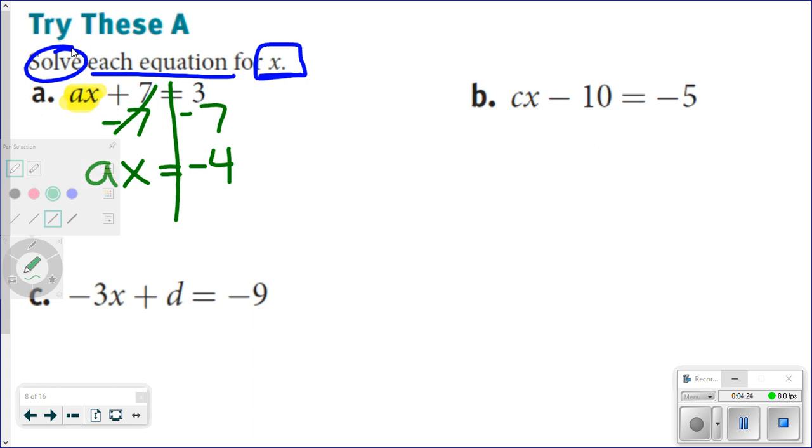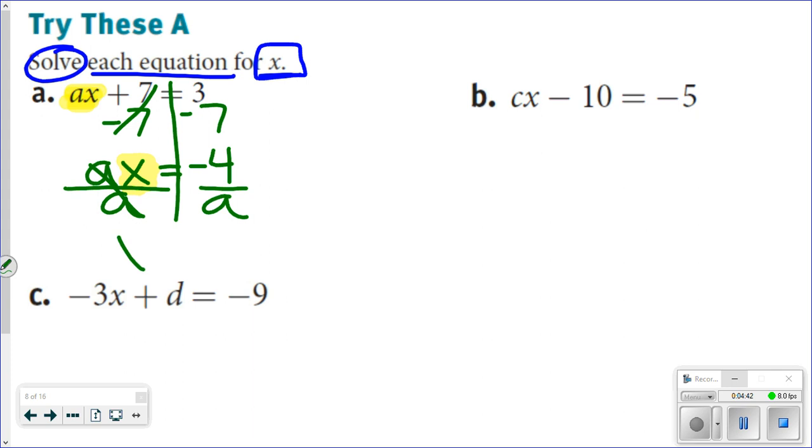Now remember, we're solving for x. So I want this x all alone. I need to get rid of the a. Currently, a and x are being multiplied together. So the opposite is to divide by a. Divide by a. X equals negative 4 divided by a.